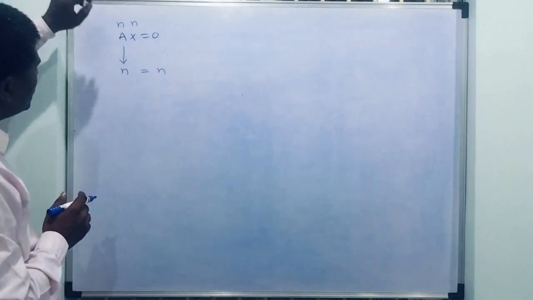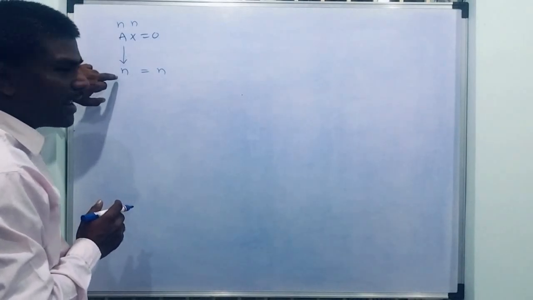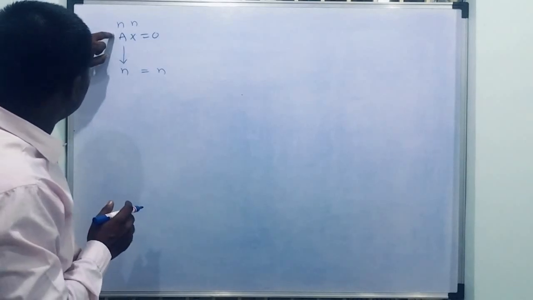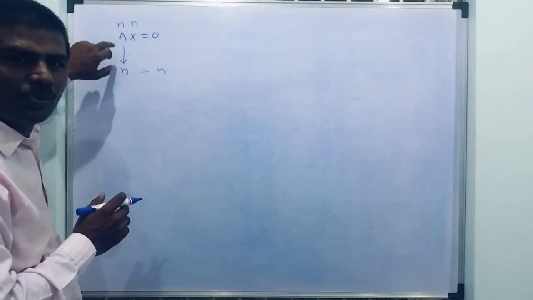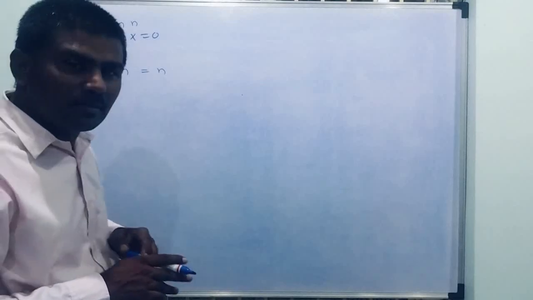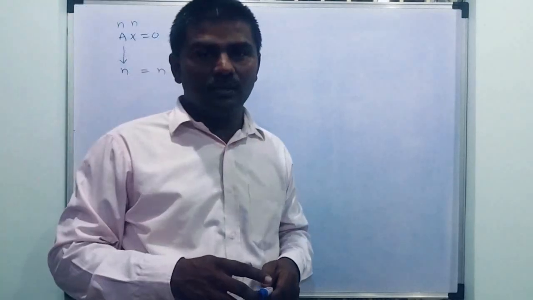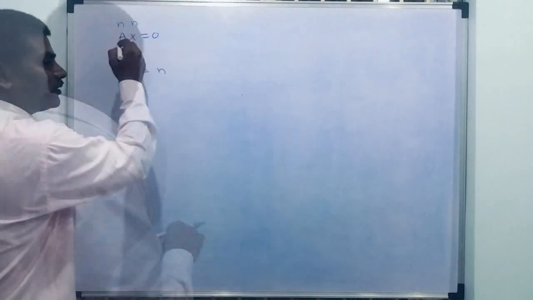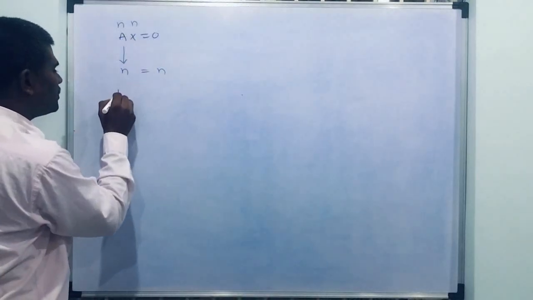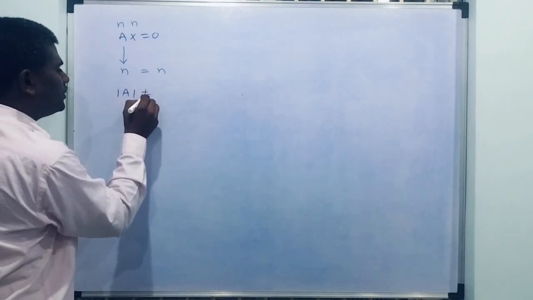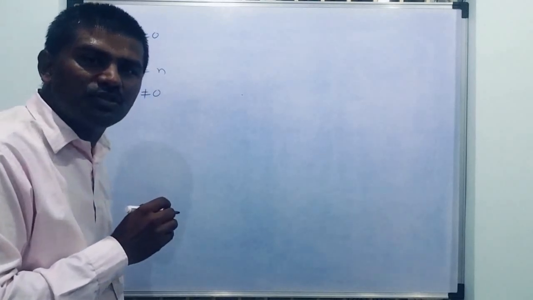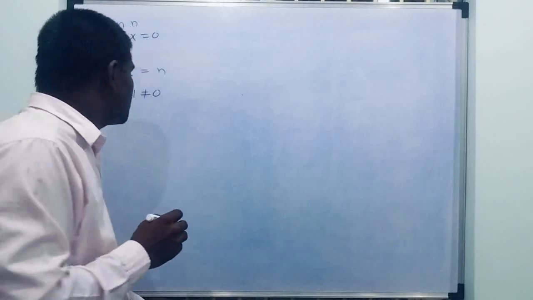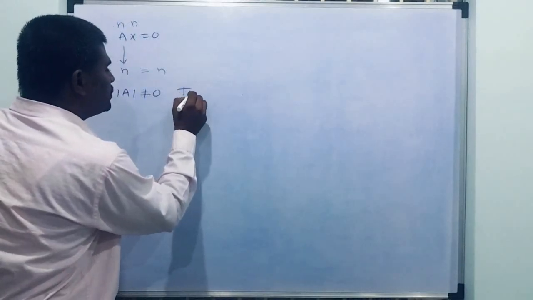And how can you say that this has rank n? If you reduce it into echelon form, you can find its rank, but there is another way to say that its rank is n. If the determinant of this matrix is not equal to 0, if det A is not equal to 0, that means non-singular, the system has a trivial solution.